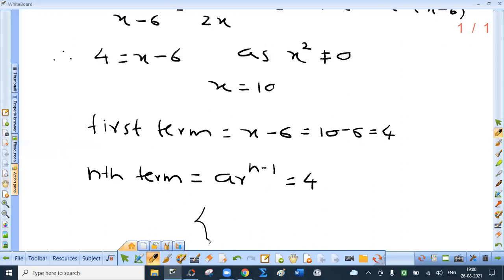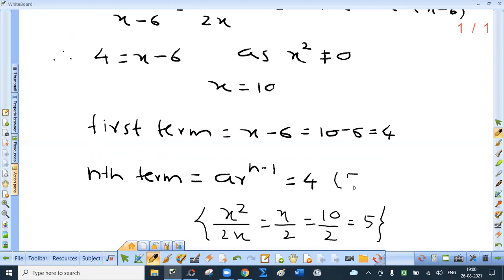No problem. It is x square upon 2x, right? x square upon 2x, that is x by 2. But x is what? x is 10. So 10 upon 2, that is 5. So it is 4 into 5 raised to n minus 1. Right.